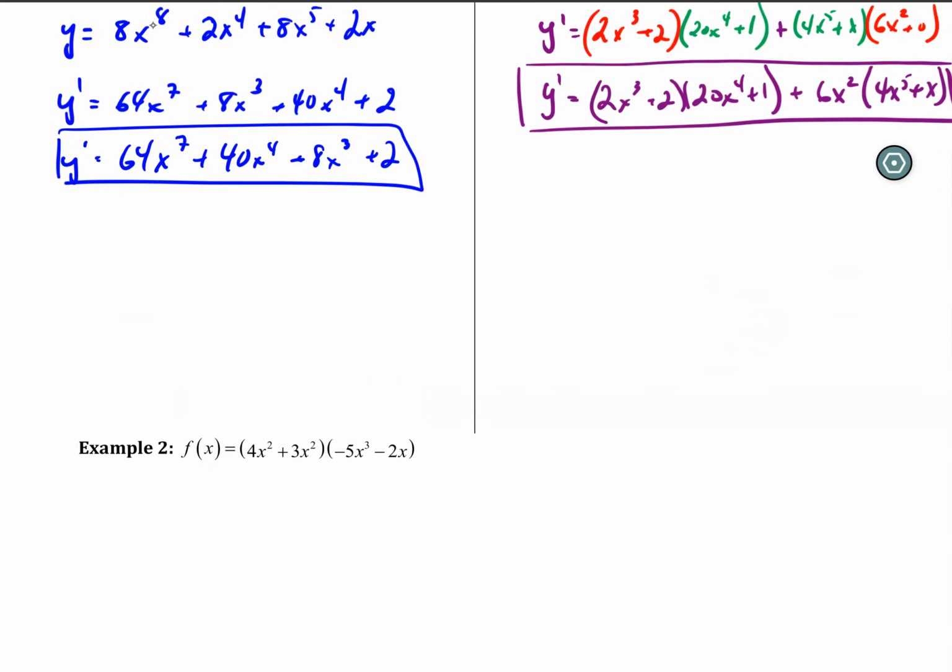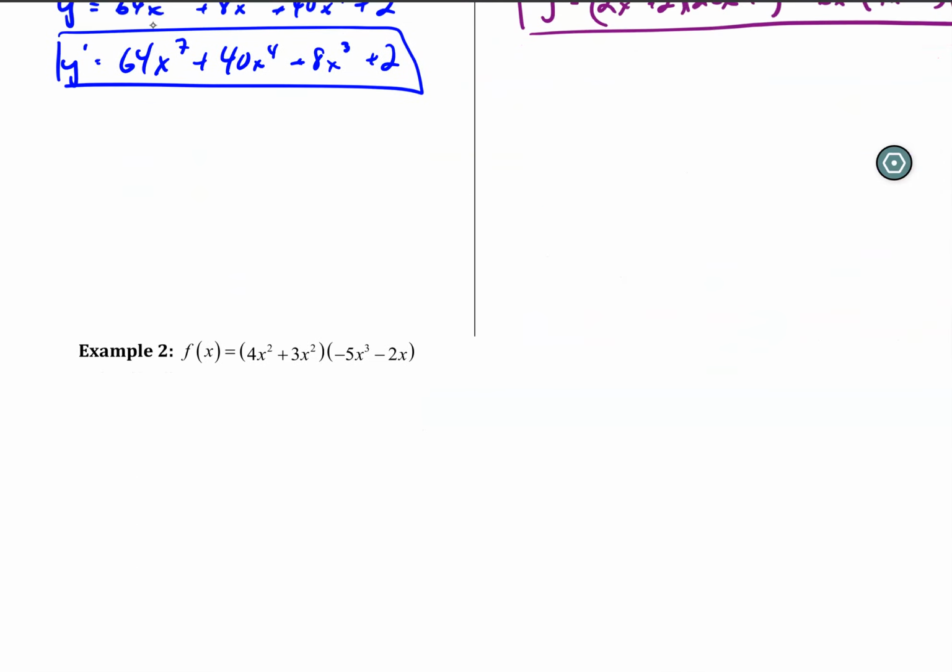All right, let's try one more example just so you get the general sense of how it works, and then you can use the practice problems for better understanding. So let's do this one.